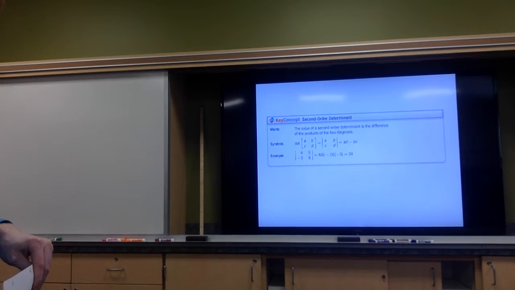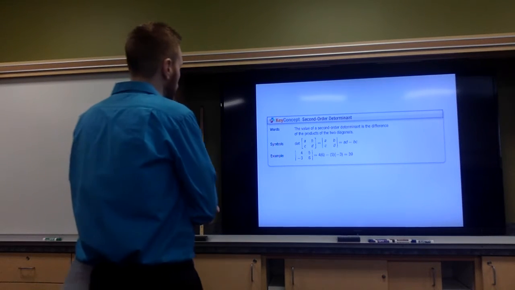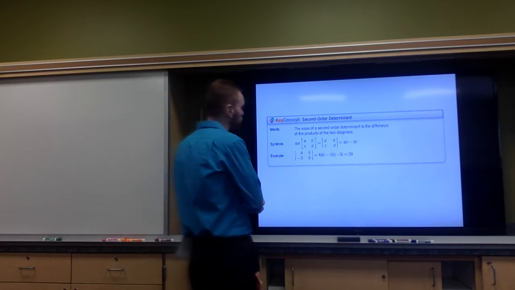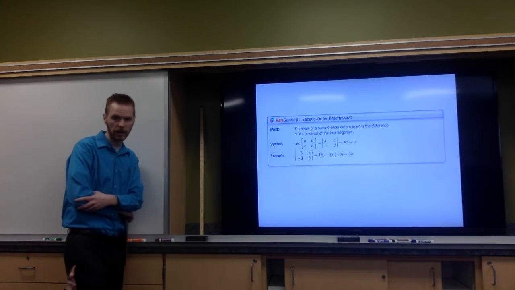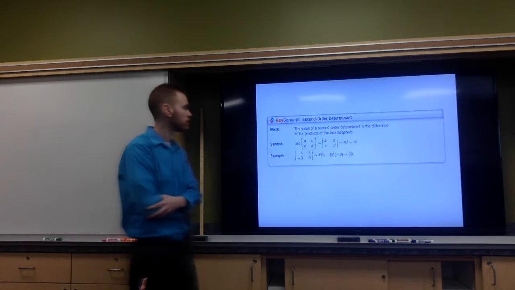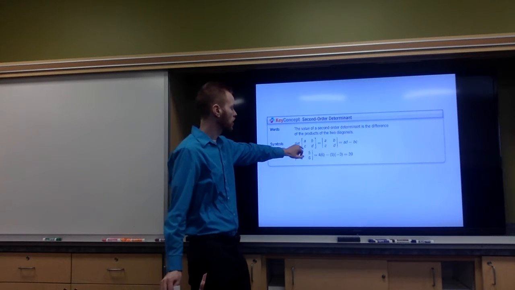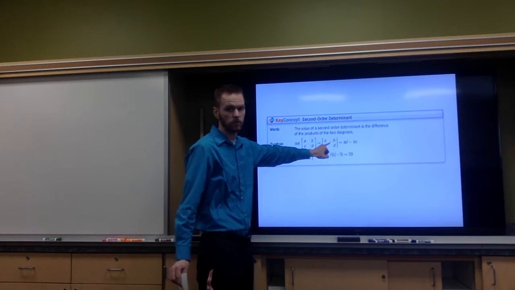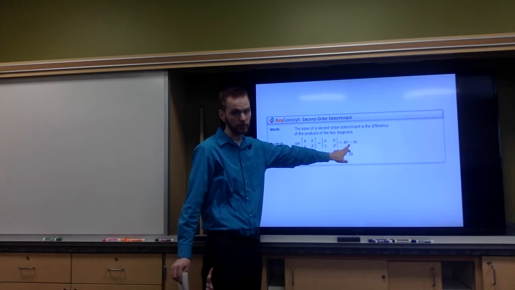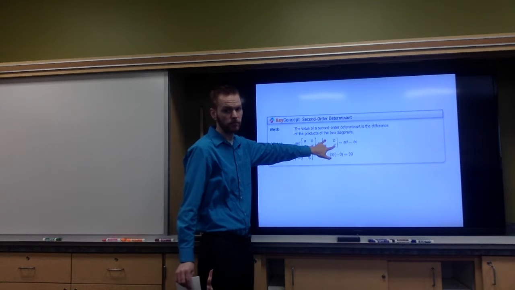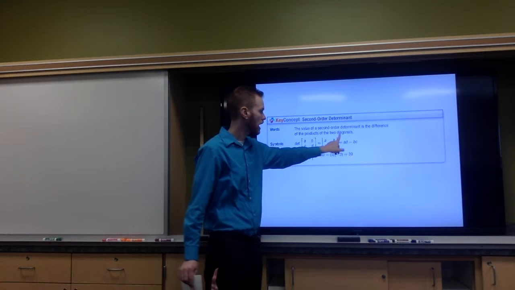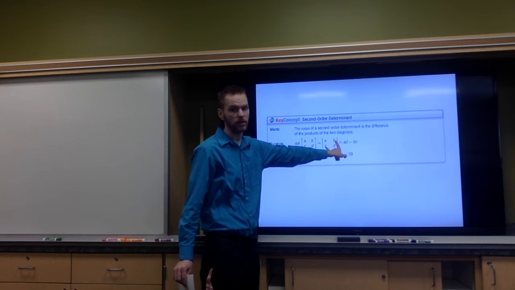So let's talk about what a determinant is. This is called a second order determinant. We're just looking at a 2 by 2 matrix right now. To find the determinant of this matrix, you multiply the diagonals and subtract the outcome. I multiply this diagonal and then subtract the multiplication of this diagonal.